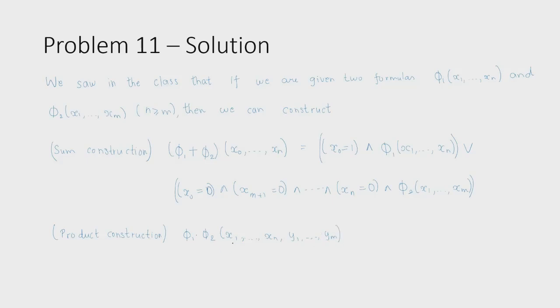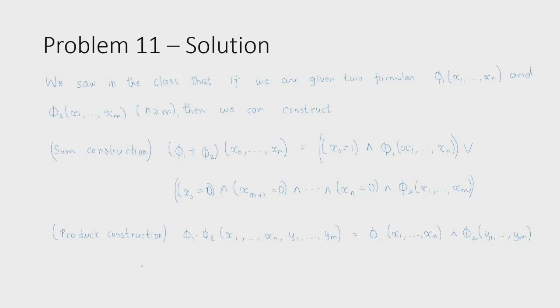Here y1 to ym are variables different from x1 to xn, and this is just phi 1 in x1 to xn and phi 2 in y1 to ym.